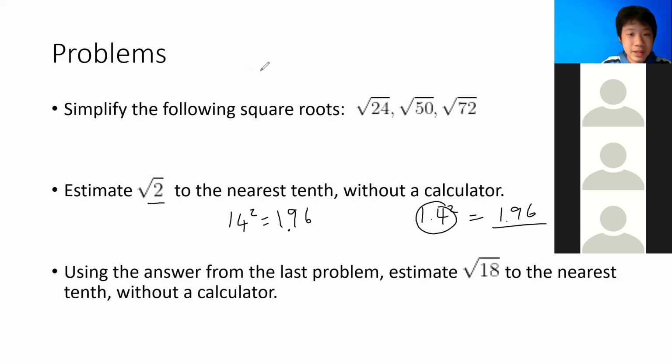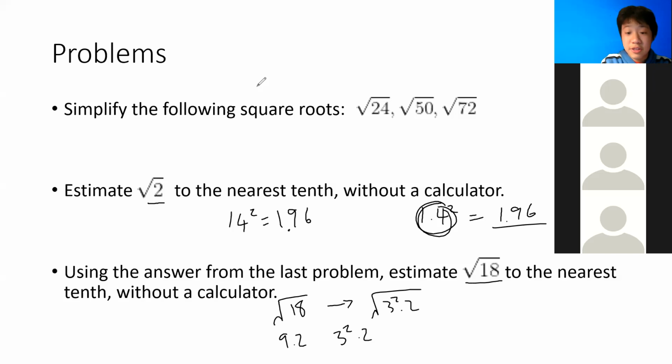Okay? Now for the next one, how do we use the answer from here? Well, the first thing we can do is simplify the square root of 18. We can turn that into 9 times 2, or 3 squared times 2. The 3 squared is a perfect square, so we can break that off.